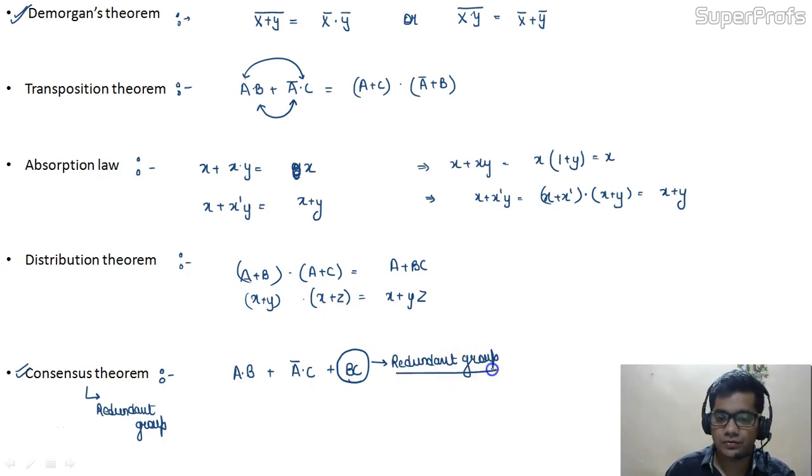So what does it mean to be a redundant group? It means that there would be no effect on the result with the presence or the absence of this group.